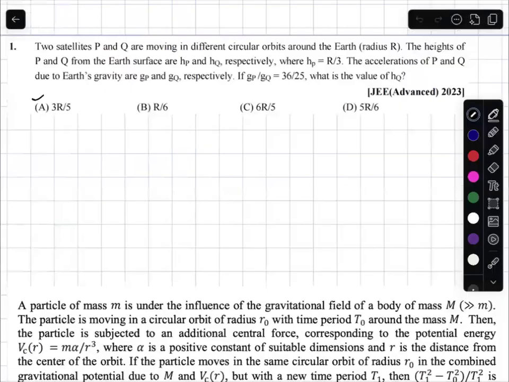Now the question is, they have given some data for you. What is that data? The ratios of these terms they have given. Now you need to find, what you need to find? Right. Now please go through the question carefully, everyone. Try this.